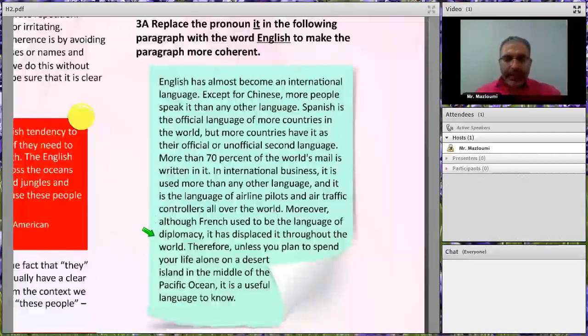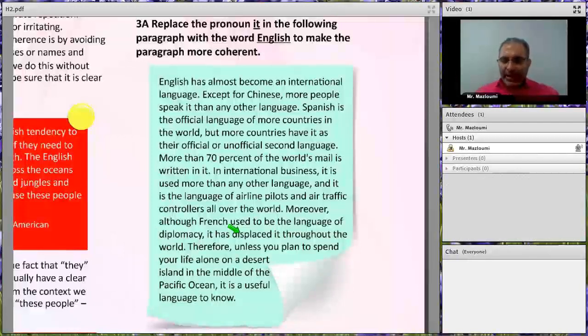Well, diplomacy, everyone. Diplomacy means the job or activity of managing the relationships between countries. Diplomacy, something we need to work on a lot. So, the job or the activity of managing the relationships between countries. It is very important. Well, displace means replace.